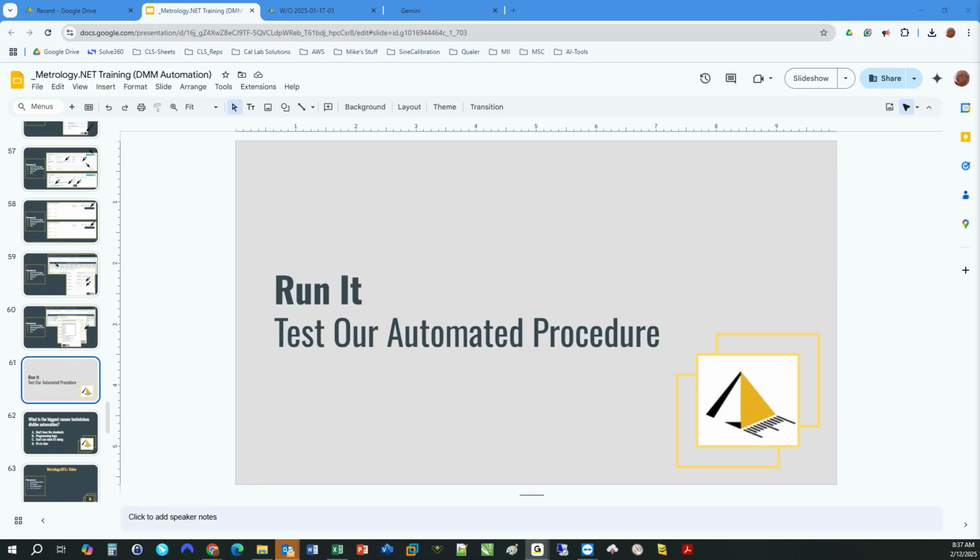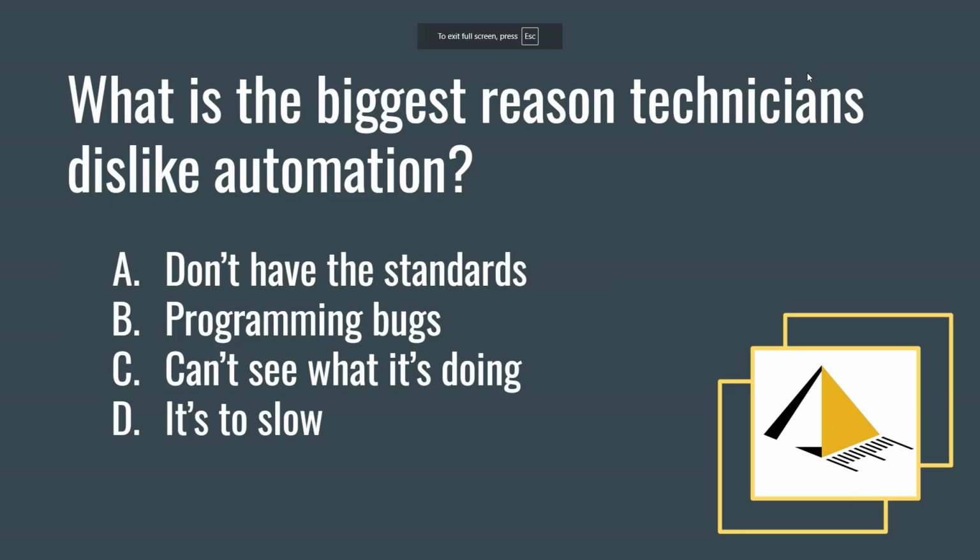So the next part of this is going to be running the automation. We did some of that already, but I did want to get into this slide. So what's the biggest reason technicians dislike automation? I don't know if you guys want to put some things in your chat, but I've had some customers come in and say they don't like it because they can't see what's going on in the code.